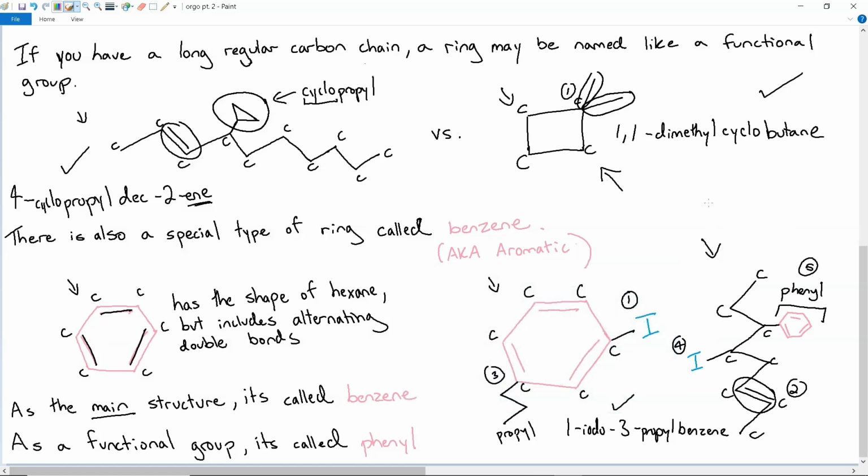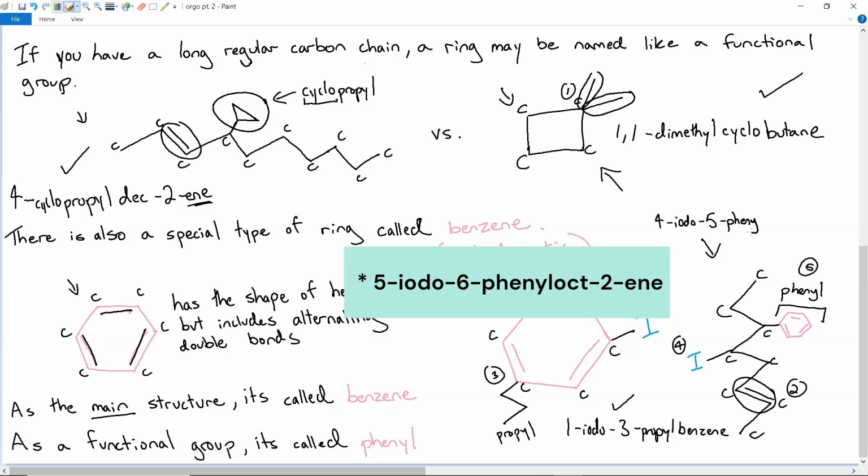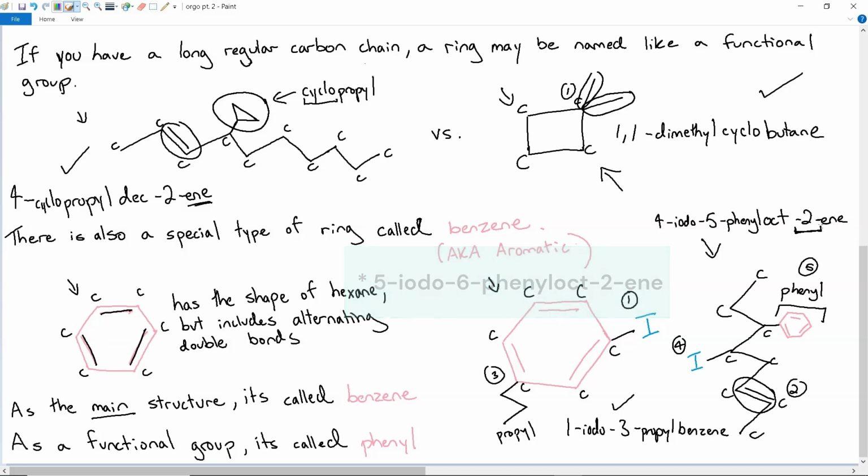I do need to put iodine first because of the alphabetical order rule. So we're going to say 4-iodo-5-phenyloct-2-ene. And this 2 right before the ene is just referring to where the double bond is. So that's all there is to that one.